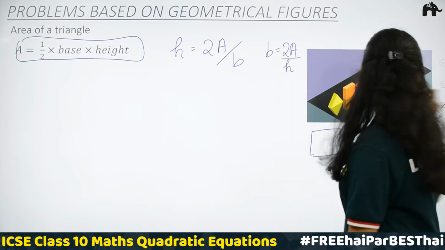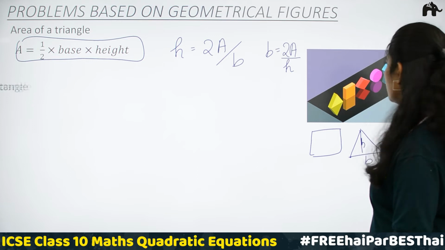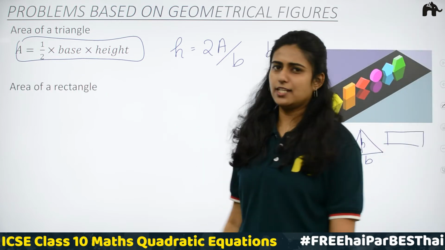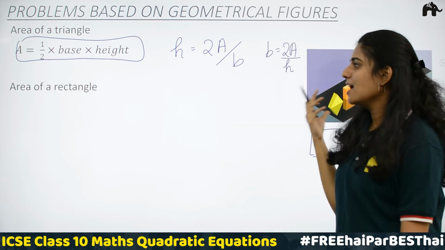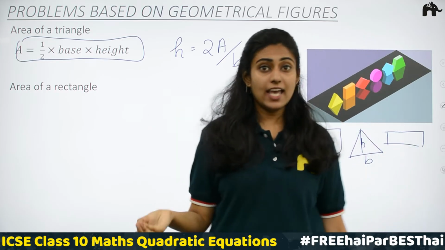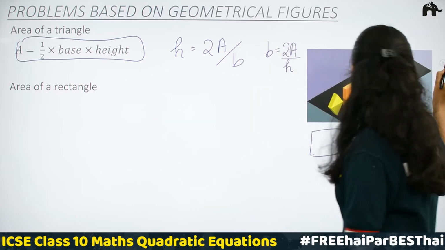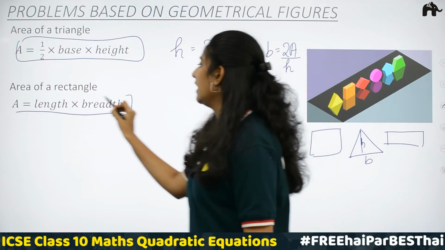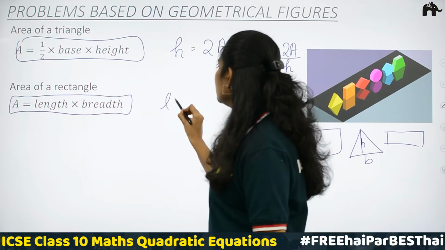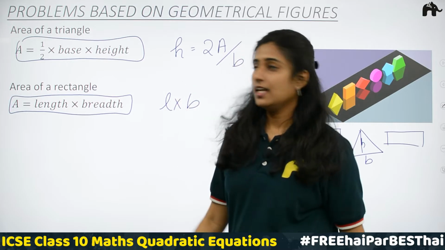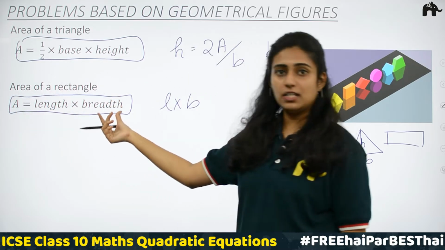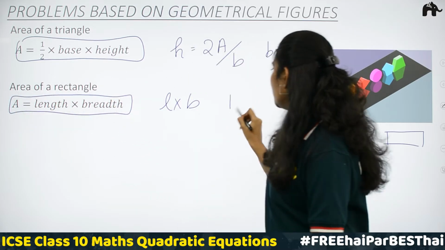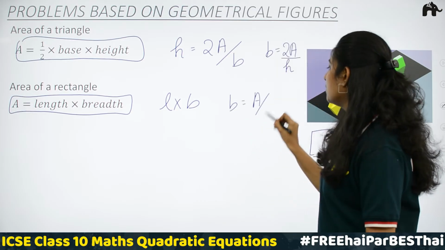Okay. Now next, to find area of a rectangle. How to find area of a rectangle? We have taken a rectangle with length L and breadth B. In that case, area of rectangle will be equal to length into breadth. If area is given and we are asked to find breadth, in that case breadth will be equal to area divided by length.